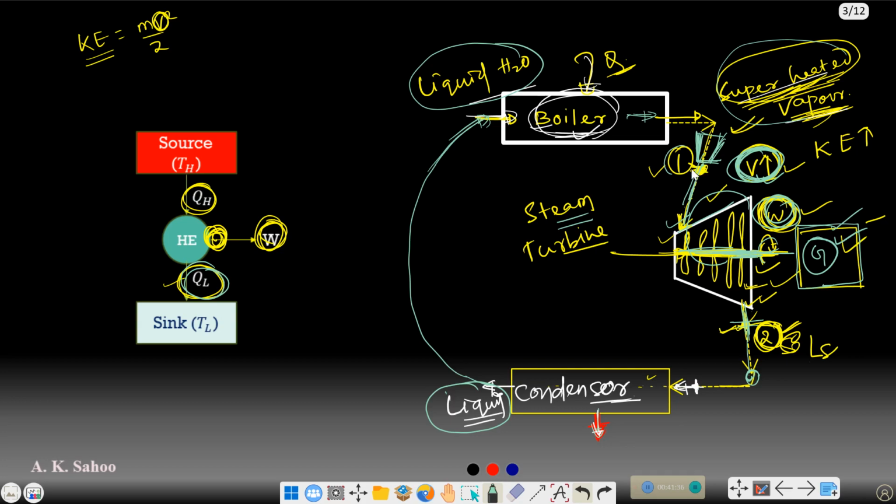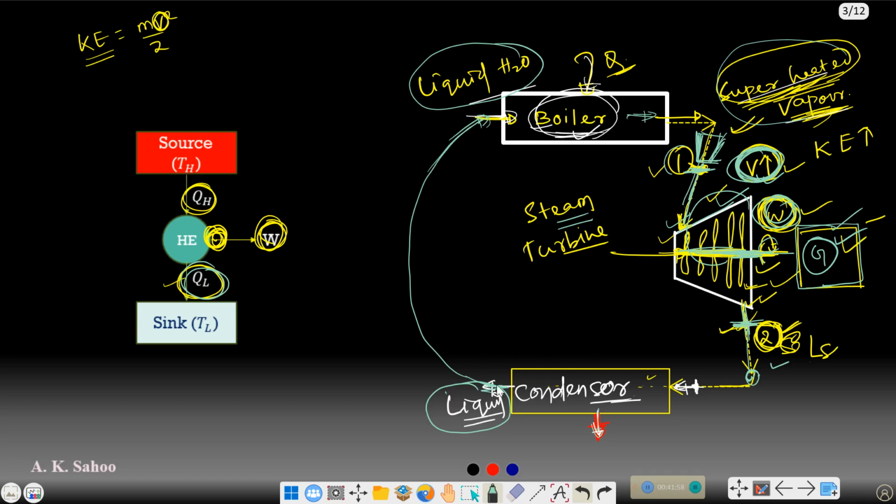That means the pressure at which the fluid went to this particular device has dropped at this point. Pressure is one form of energy, you can say pressure energy. So at this phase it will have high pressure energy, and in this region there will be low pressure energy.